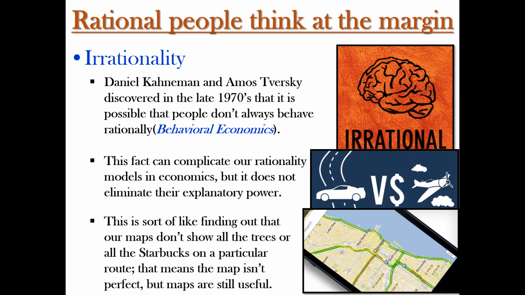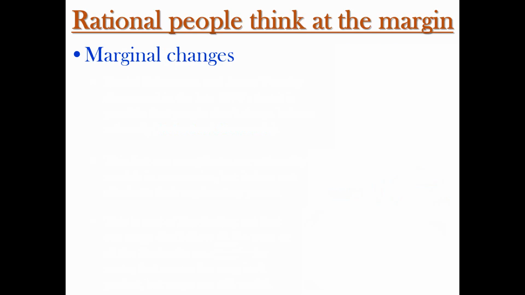That's also true for our economic models. Our economic models are not going to be perfect representations of reality, but they're still going to be useful for pointing us in the right direction of how reality looks and helping us draw some conclusions that are relevant to reality. And so that's just like a map. And so that's what we're dealing with here.